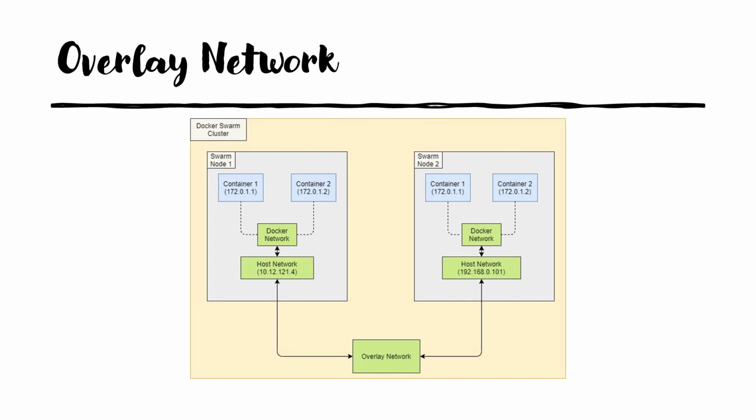The overlay network creates a distributed network among multiple Docker daemon hosts. Multiple Docker hosts are connected via the overlay network. When a Docker swarm is initialized or a Docker host is joined to a swarm cluster, the overlay network is created by default.